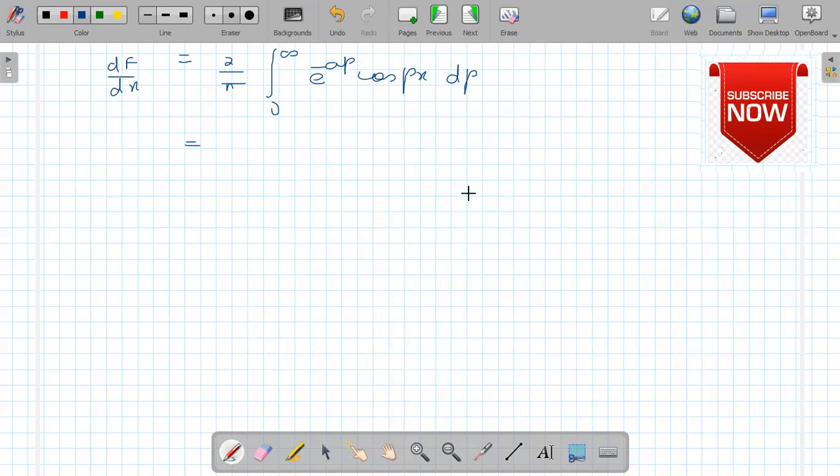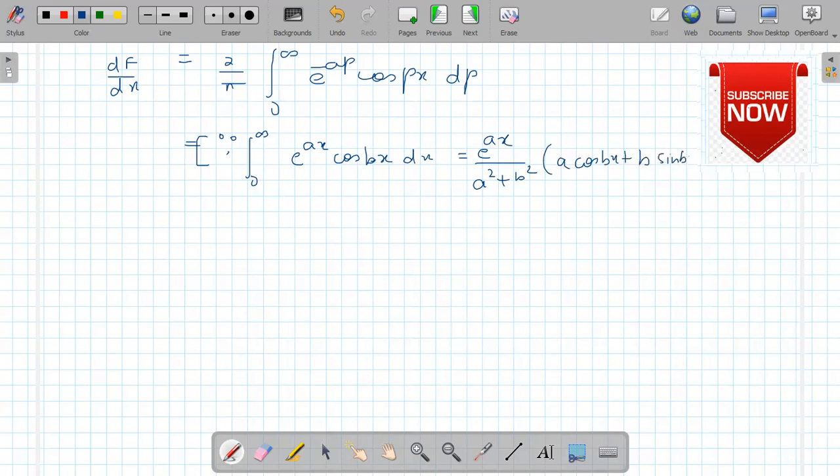Integration of e to the power ax cos bx dx: its value is e to the power ax over a square plus b square, a cos bx plus b sine bx.